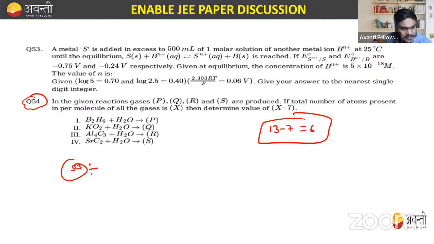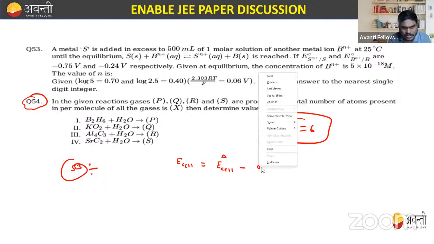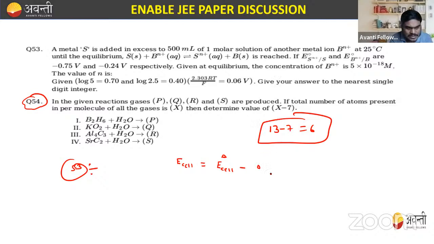So how will you calculate this? First of all, we know the Nernst equation. According to the Nernst equation, EMF of the cell is equal to E naught cell minus 0.06 upon n log of concentration of product upon reactant, where you can also put the value of RT upon nF.